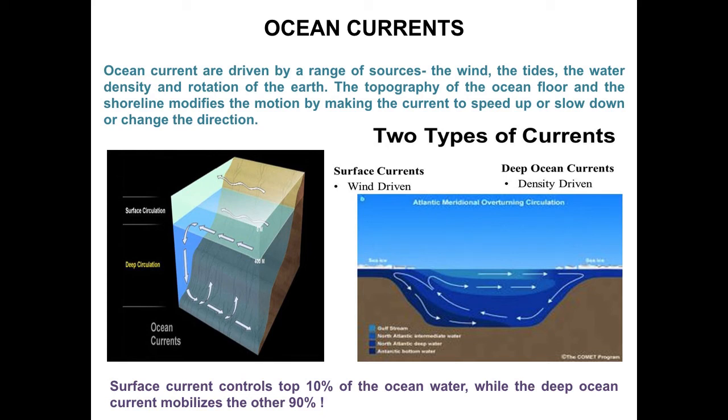There are two categories of currents: surface currents and deep ocean currents. Surface currents control up to 10% of the ocean water, while the remaining 90% is mobilized by the deep ocean current. However, these two currents interact with each other intricately to keep the entire ocean moving.